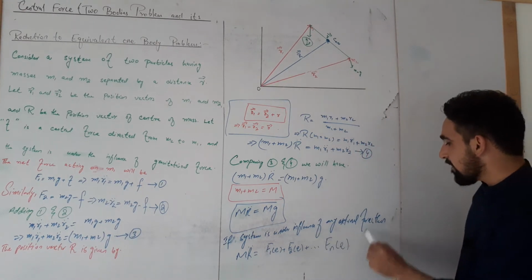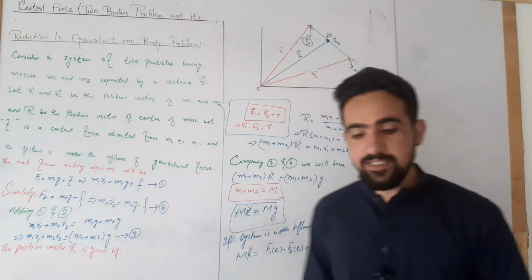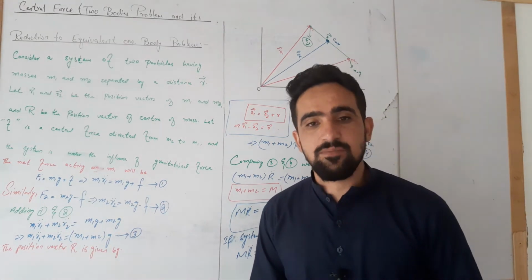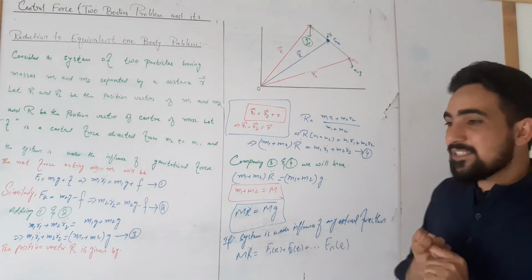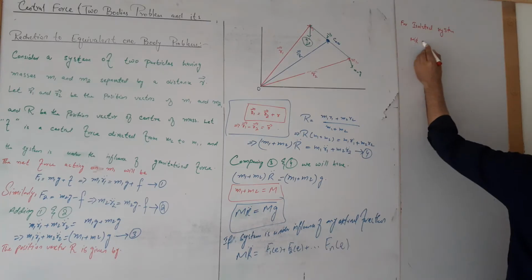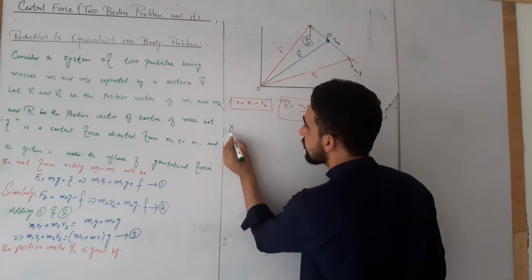So no matter how many forces there are, we can write this equation in this form. But what if our system is isolated? Then M R double dot is 0.